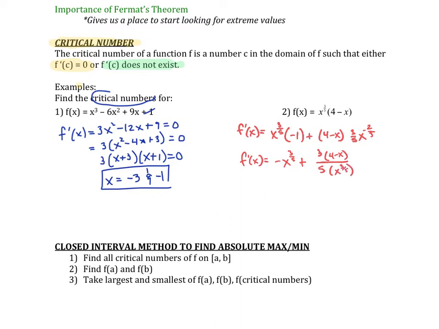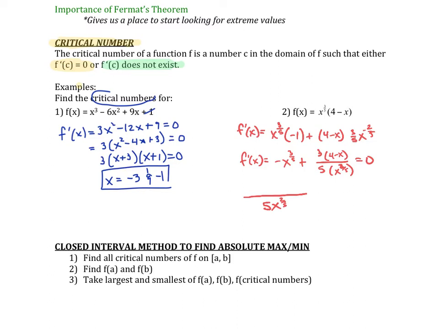So I'm going to set this equal to 0, and I'm going to solve it. All right, this one's a little bit harder to solve, so let me do a couple things first. So over here, I'm going to find a common denominator, and that common denominator will be 5x to the 2/5. Sorry, this should have been 2/5 right there, right? 5x to the 2/5 is the common denominator.